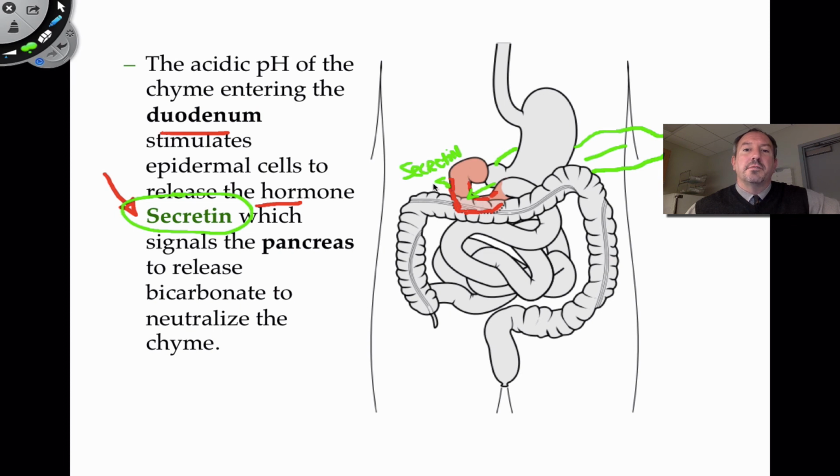So the hormone itself was called secretin. Although I have to say I'm not a fan of the name, even though it's kind of cute, because a lot of hormones cause other target cells to secrete, and so it's a little generic for me. But it's produced by the intestine, and it causes the pancreas to start secreting. And one of the stimuli is the acidic nature of the chyme that's coming in.